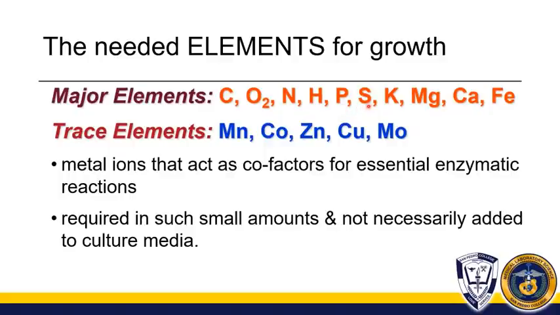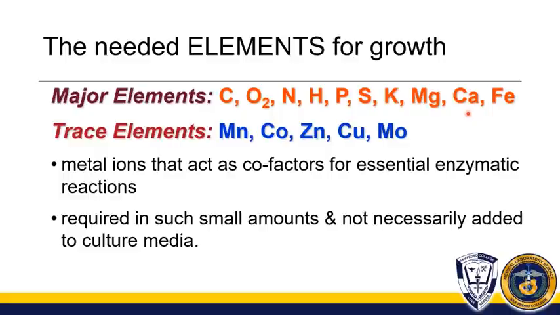Sulfur, about 1%, and it's the main cellular inorganic cation and cofactor for certain enzymes. Magnesium is about 0.5%. It's an inorganic cellular cation, acts as a cofactor for certain enzymatic reactions. Calcium has the same physiological function.